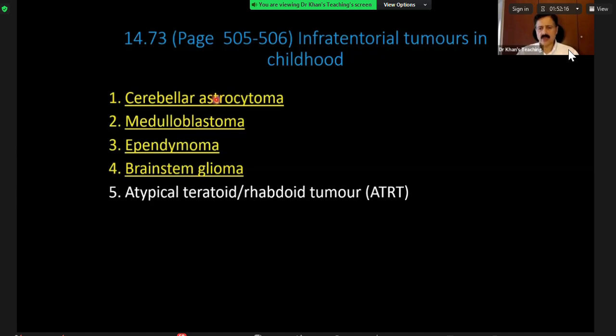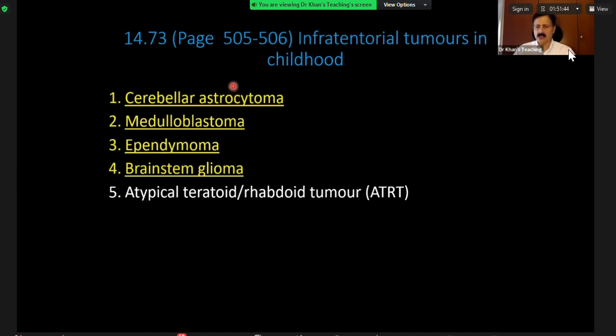Cerebellar astrocytoma can have various kinds of appearances. A classical appearance, just remember it, is like a classical hemangioblastoma. And please remember, hemangioblastoma you will not consider in this age group unless very rarely in VHL. And which is a cystic lesion with an enhancing nodule. But please also remember that astrocytomas can have other appearances.